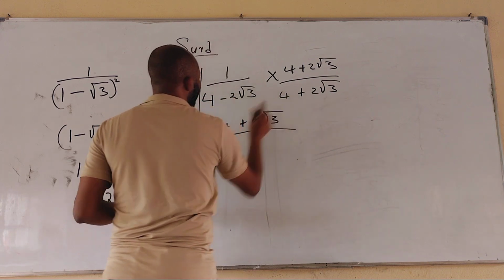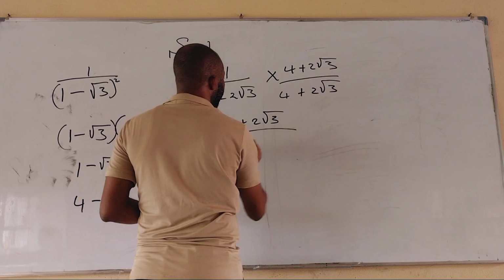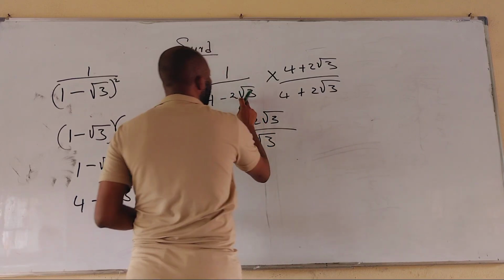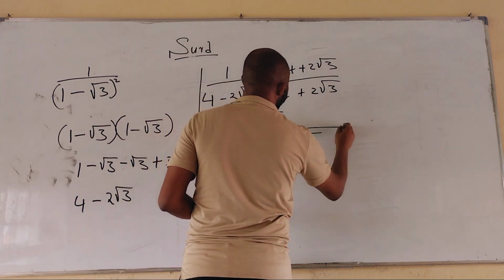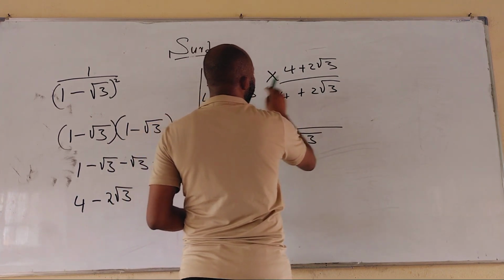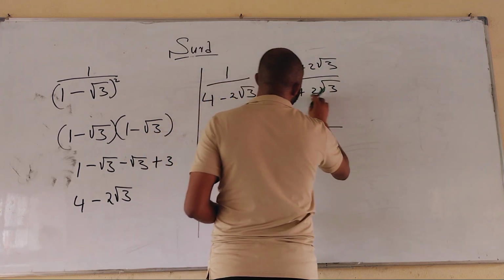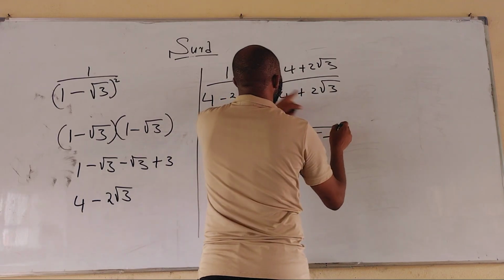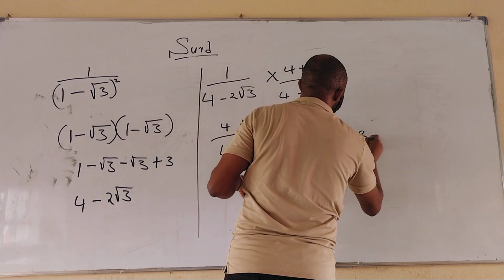Over 4 times 4 is 16. 4 times 2 root 3 is plus 8 root 3. Minus 2 root 3 times 4 is minus 8 root 3. Minus 2 root 3 times plus 2 root 3: minus times plus is minus. 2 times 2 is 4, times 3, since root 3 times root 3 is 3.